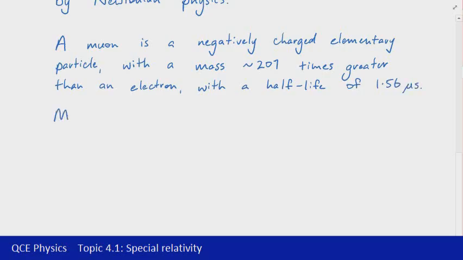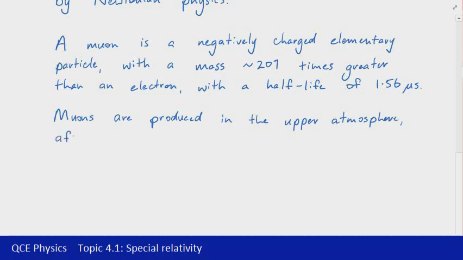The muons that Rossi and Hall observed were actually produced in the upper atmosphere. So while they can be produced in a number of different ways, so they could be produced in atom smashers like the Large Hadron Collider, the ones that we're considering here were produced in the upper atmosphere, and they are a byproduct of cosmic rays when they bombard particles in the upper atmosphere.